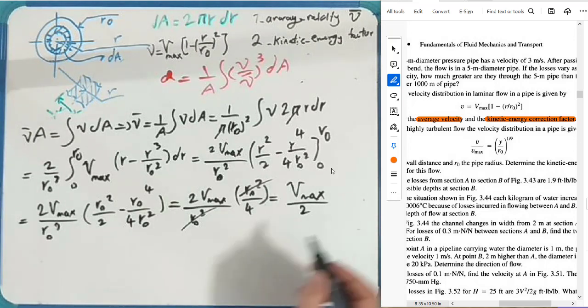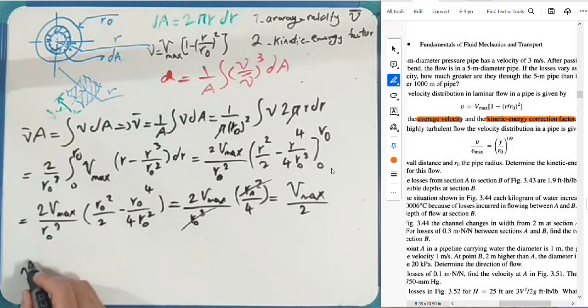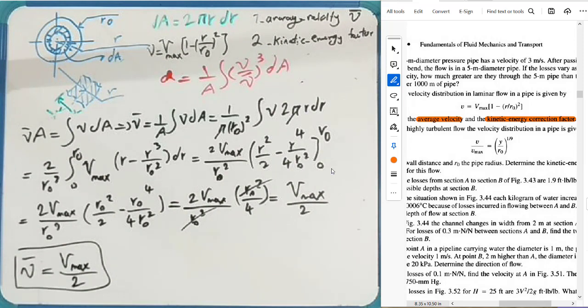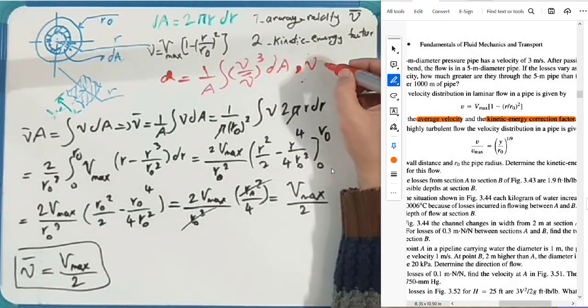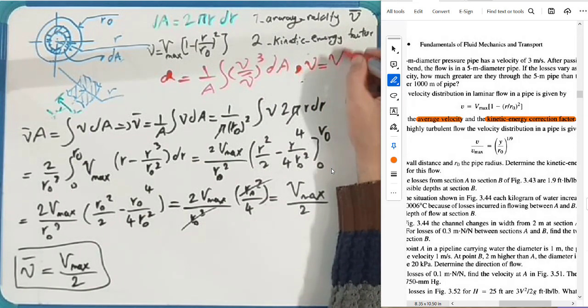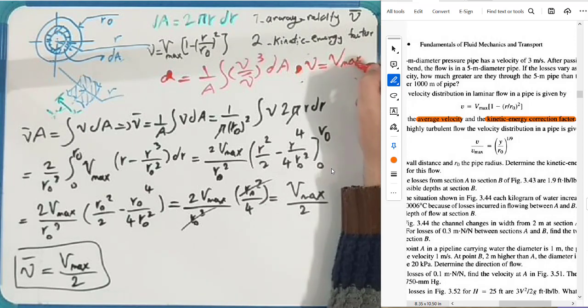Okay, then our new bar is Vmax over 2. It is a practical equation. I should use it: mu equals Vmax over 2.